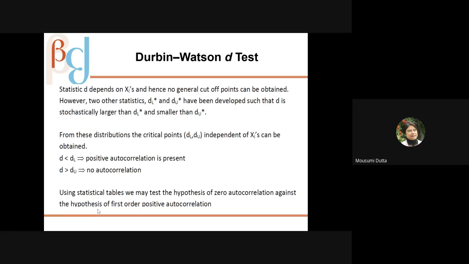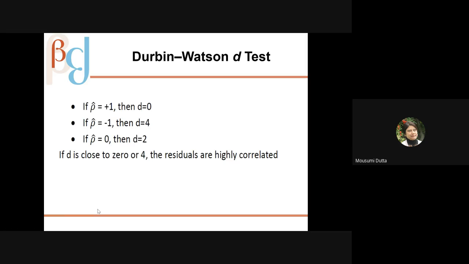Alternatively, if D is greater than DU, we said that if D is equal to 2, or if D approaches 2, what is the cutoff point? DU is the cutoff point. So if it is not 2, however, it crosses the DU value, in that case there is no autocorrelation.